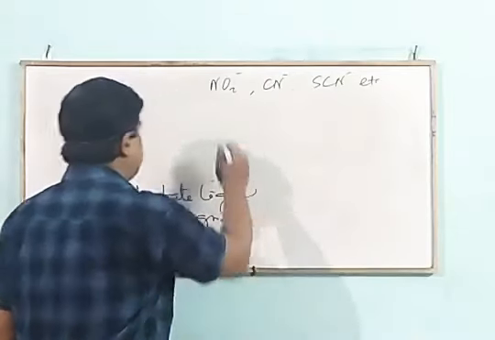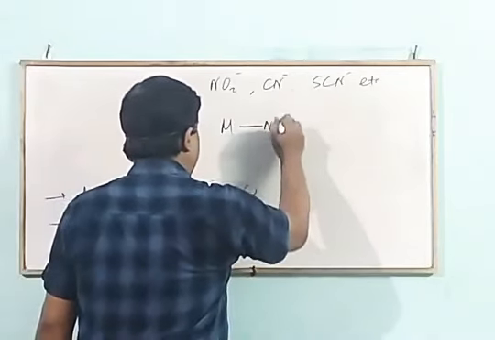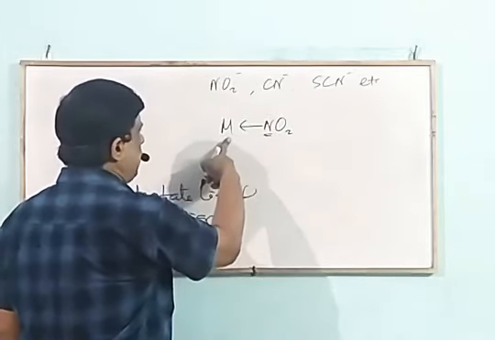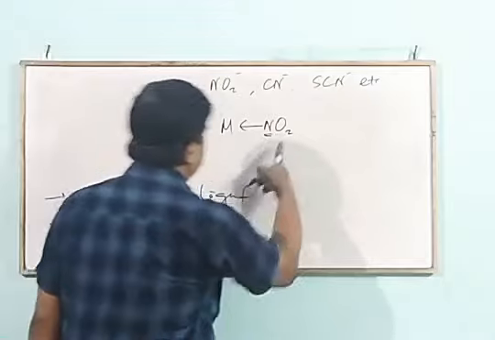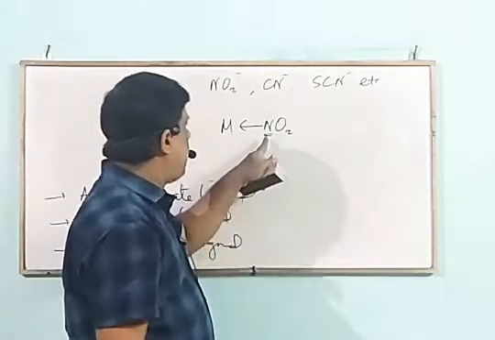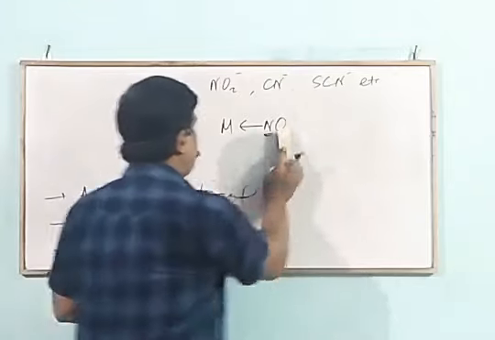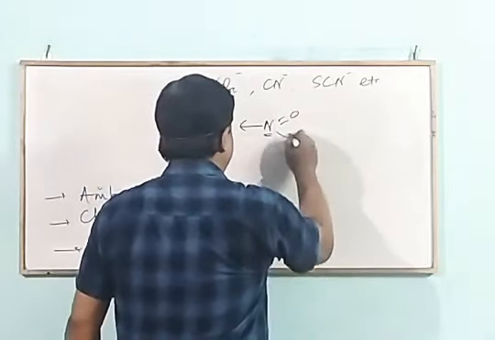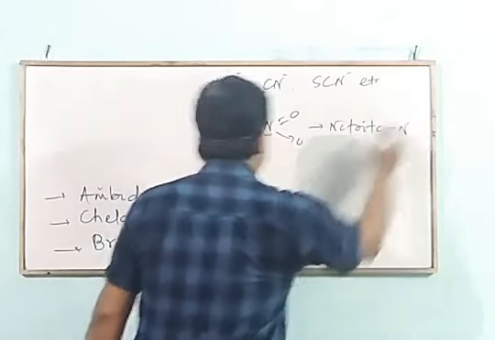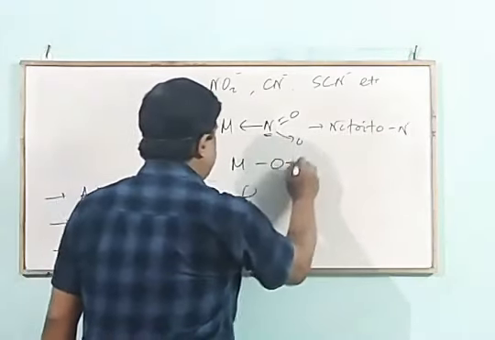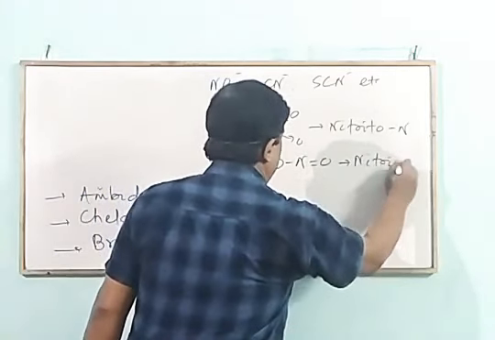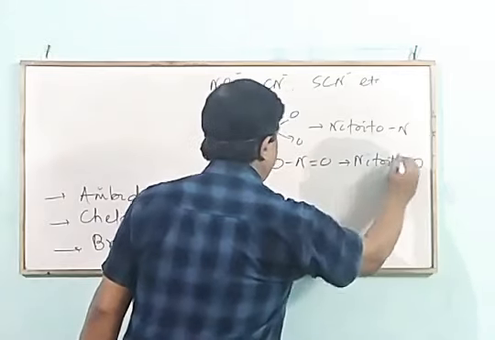Mark that. For example, in NO2 minus, the nitrogen atom and the oxygen atom both have the capacity to donate a pair of electrons. When nitrogen donates, it is known as nitrito-N. On the other hand, when oxygen donates, it is known as nitrito-O.